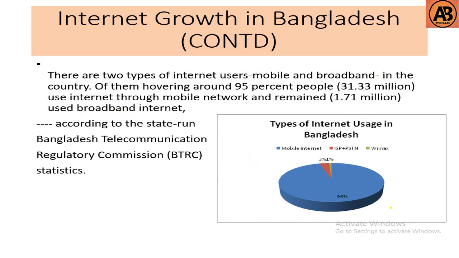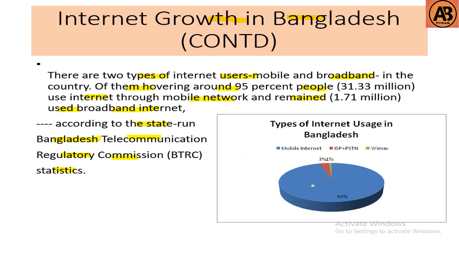And then internet growth in Bangladesh. There are two types of internet users, mobile and broadband, in the country. Of them, around 95% of people, 31.33 million, use the internet through mobile networks, and the remaining 1.71 million used broadband internet, according to the state-run Bangladesh Telecommunication Regulatory Commission statistics.